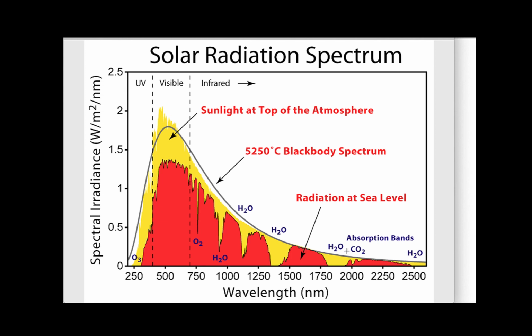And then we also have this red line, which is radiation at sea level. And you probably noticed before that we have this yellow curve that's a little bit different in shape than this red one. This red one has all this kind of weird gappy stuff in it. So it's time to explain all of that crazy gappy stuff.